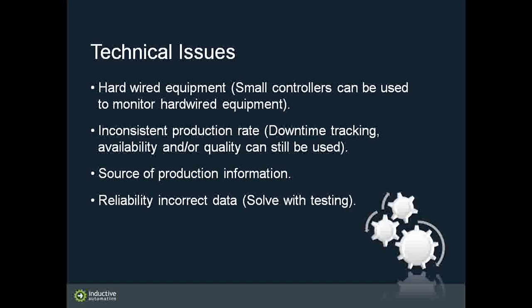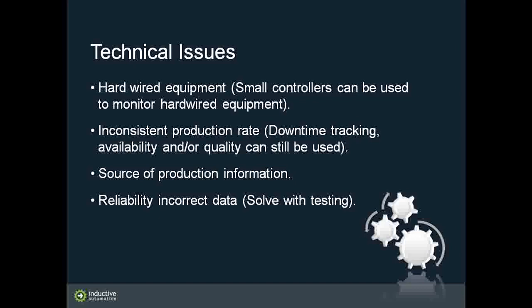Some industries have inconsistent production rates. In other words, they're not dealing with bottles or gallons or something that's a common, consistent rate. It might be logs, and you might have big logs, you might have small logs, so that really varies how many you can put through.